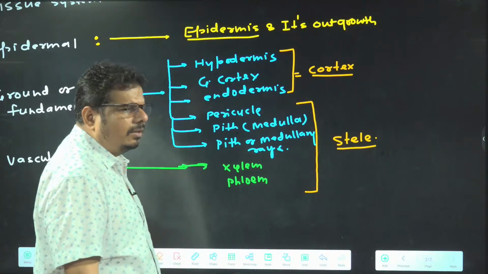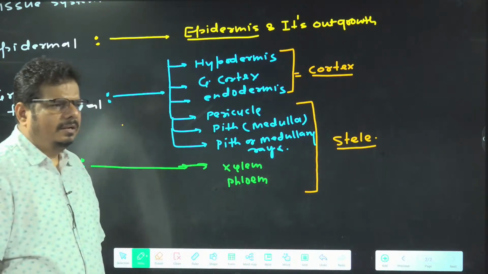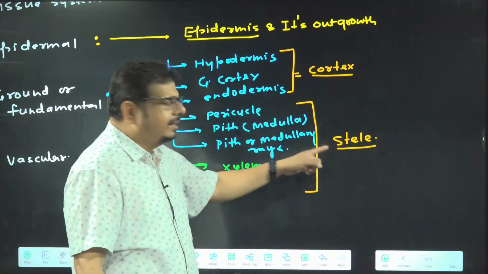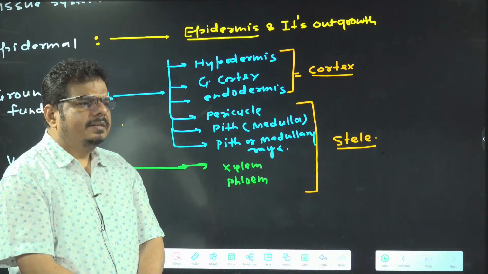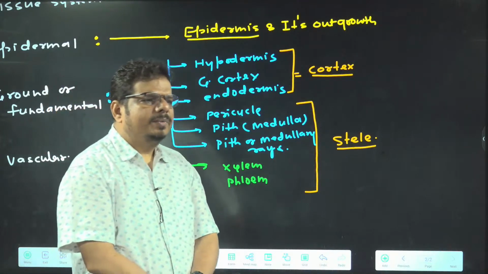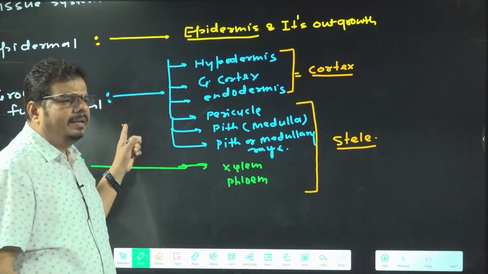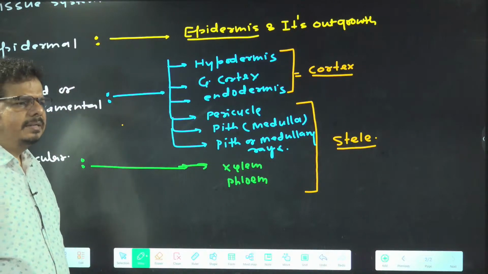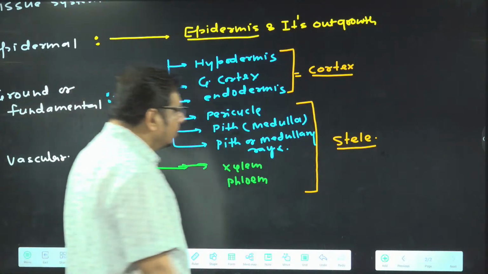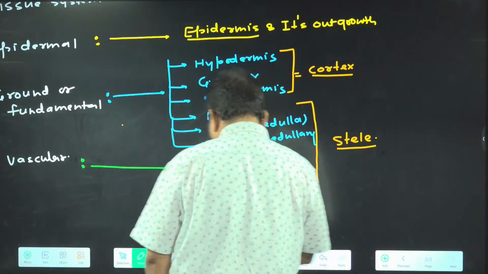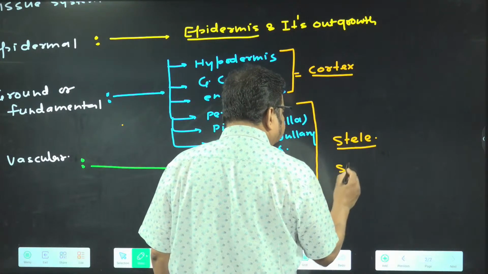Stele consists of how many types of tissue system? Two. Part of the stele is formed by ground or fundamental tissue and part by vascular tissue.